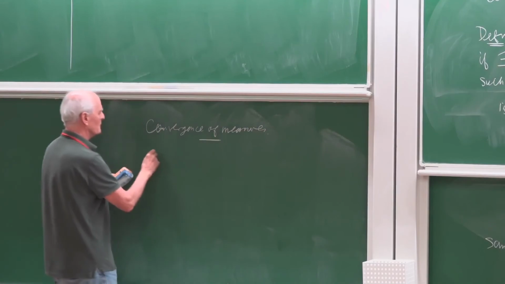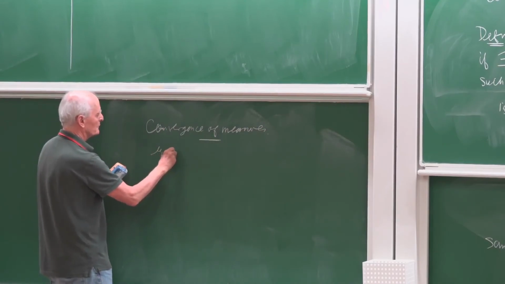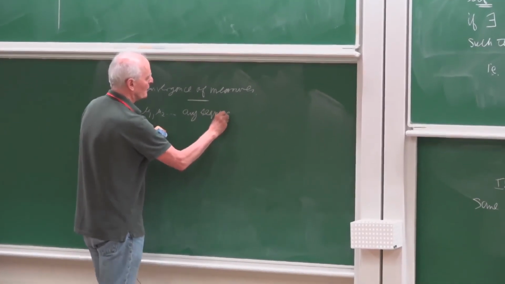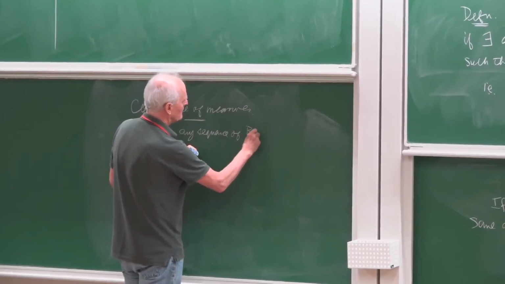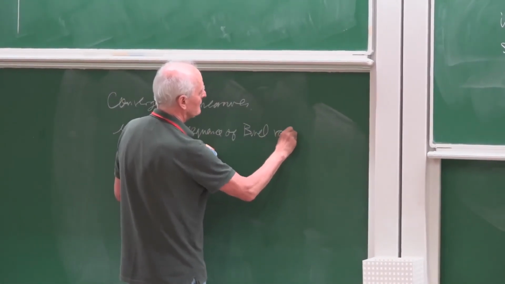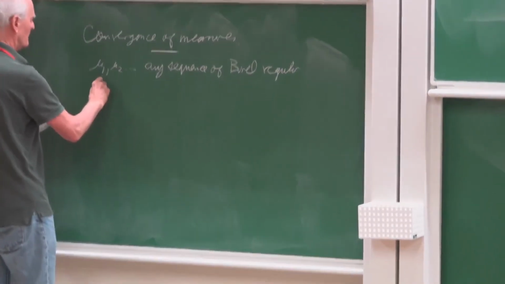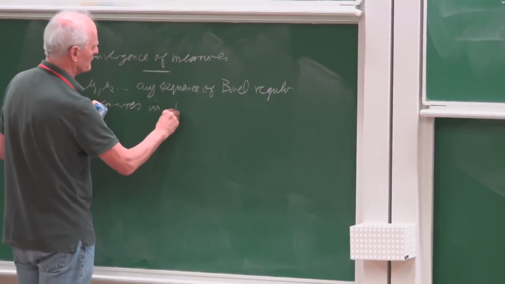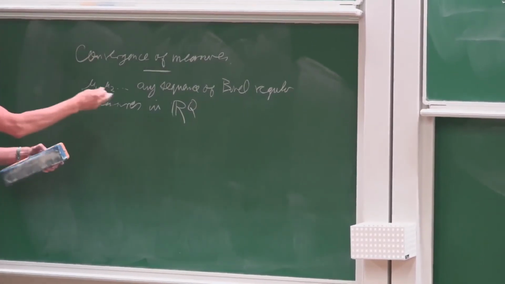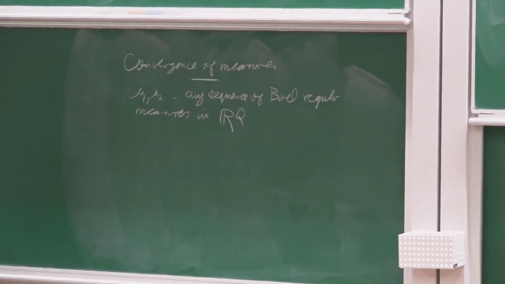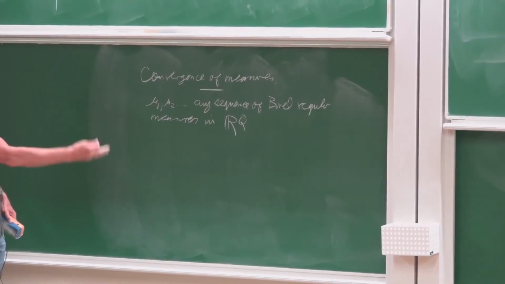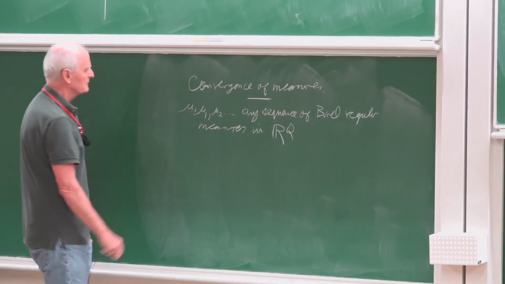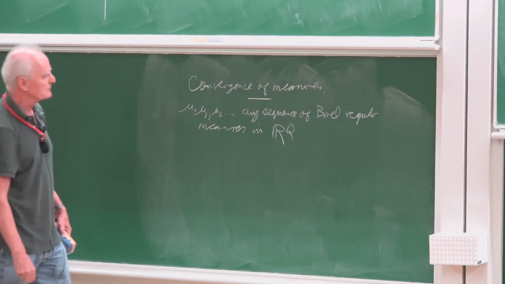You take a sequence, let's suppose it's mu_1, mu_2, etc., any sequence of Borel regular measures. We're working in Euclidean space, but this also works in any metric space, or even more generally. Let's stick to Euclidean space because that's what we're working in at the moment.